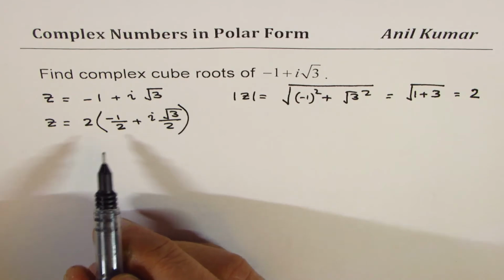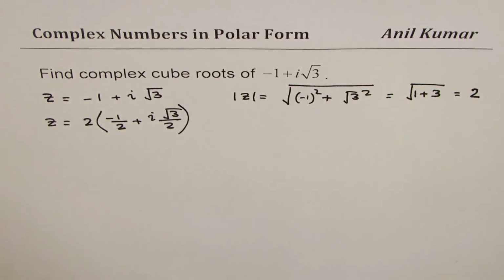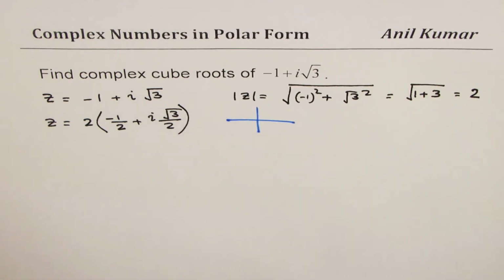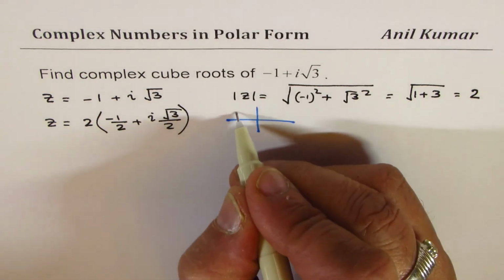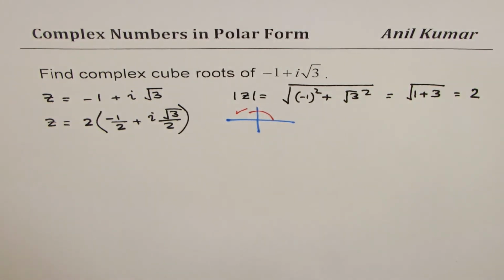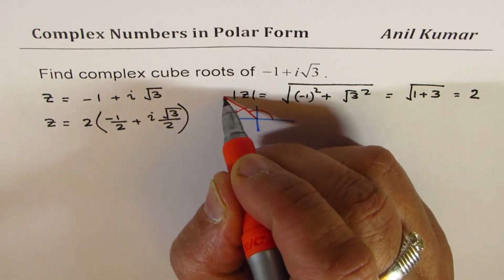Now this is in quadrant 2, correct? So this complex number is in quadrant 2, where the angle is 180 minus 60 degrees, right?